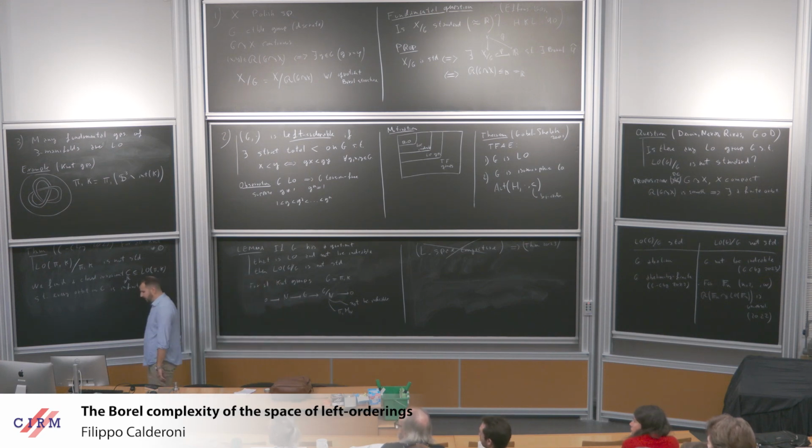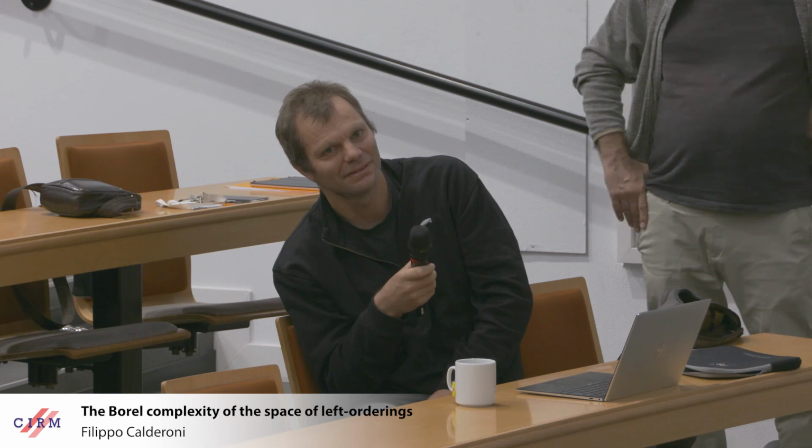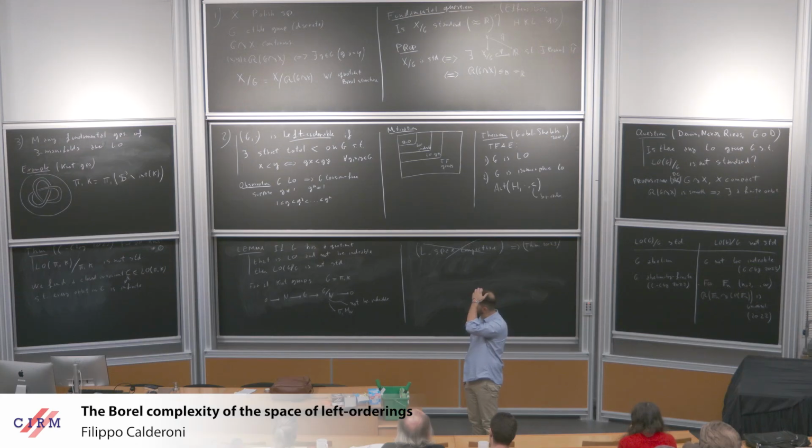So there is a way of going from the fundamental groups of manifolds to these left-orderable groups. Do you have a way back for some classes? If you have a group, can you find a knot or a manifold whose fundamental group is that group? Yeah, I'm not sure of any.